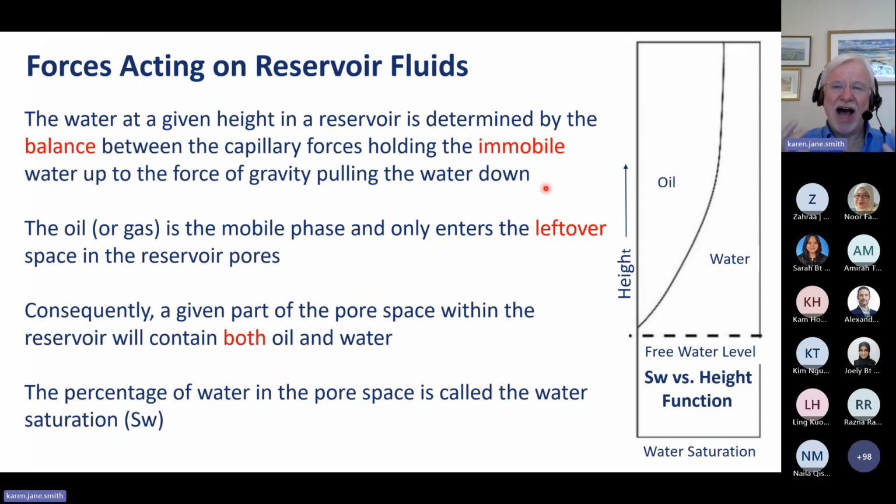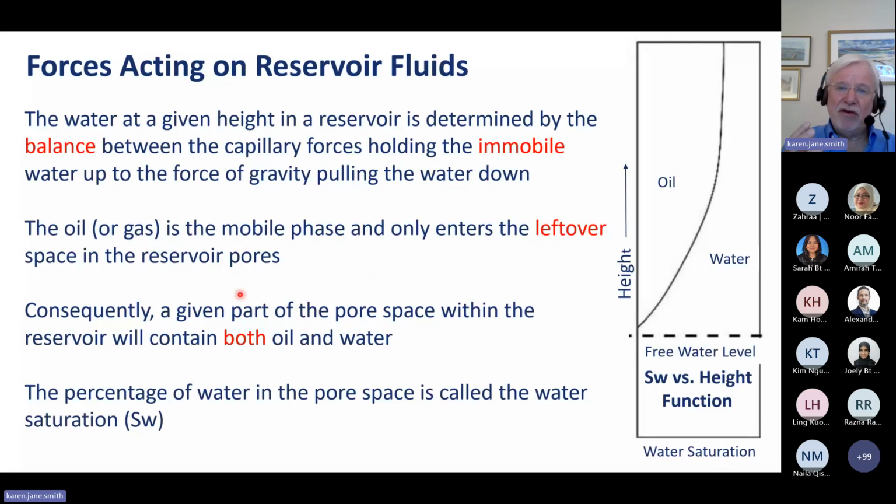So the water at a given height in the reservoir is determined by the balance between these two forces, the capillary forces holding up the immobile water and the force of gravity pulling that water down. Now, the hydrocarbon can only enter the pores that the water doesn't want because it's got the stronger force.